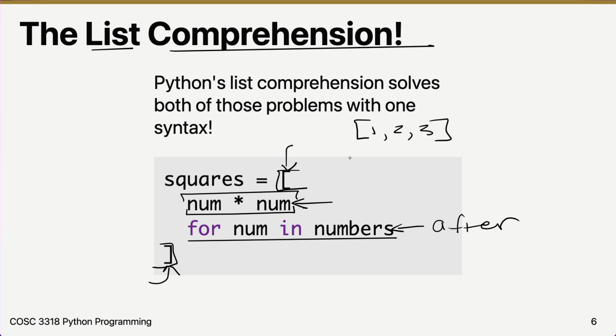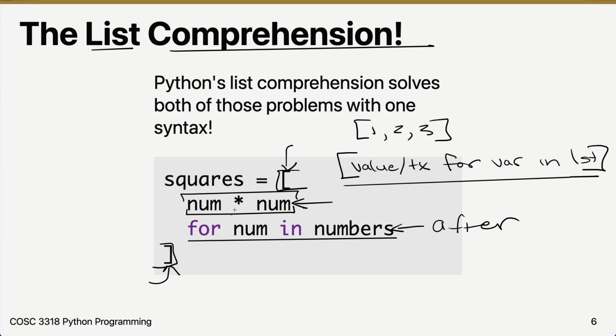It's a special kind of thing where we have a value or a transformation for some variable in some list. So that's what the general syntax looks like, and you can see that here. We've got this value transformation, and then we have that for loop looking thing after it. No colon. There's no colon there. Okay, so that's what a list comprehension looks like. Let's check out some real examples.